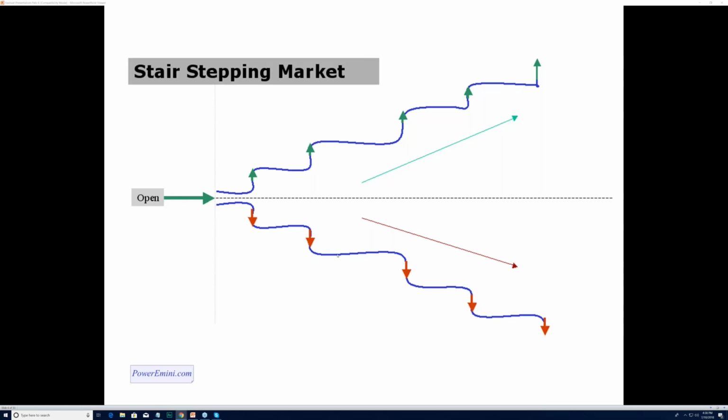Every time the buyers try to get a foothold and hold the price, they get broken down again. So one of the challenges to any day trader is that the market is always going to be flipping in between one of these three types of main styles: the big wavy market, the spiky market, or a stair-stepping market.